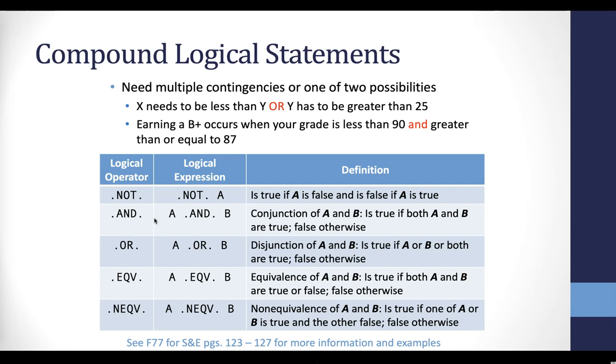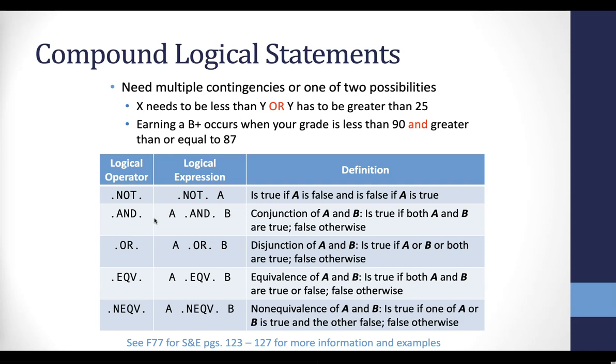And so here are these definitions. NOT A is true if A is false, right? So we're basically saying, I want to make sure A is false. If it's not true, then good, I'm true. That's something I desire. A AND B is something called the conjunction of A and B, right? We want both, so both need to be true.